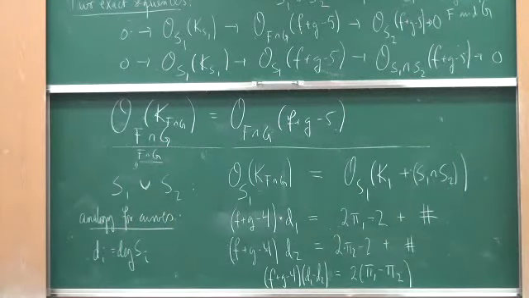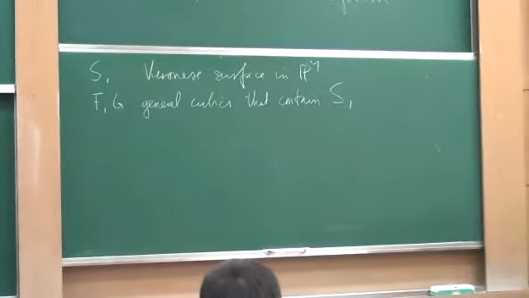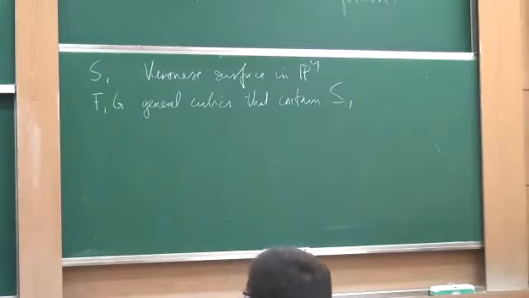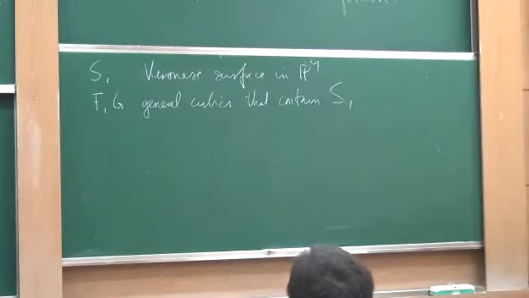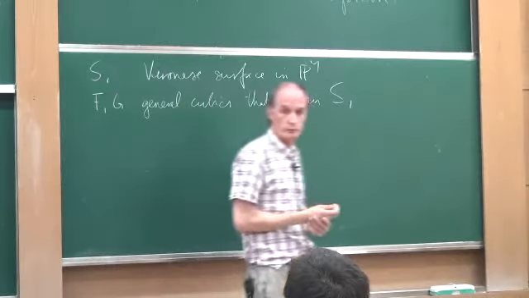So I didn't say this before, but the ideal of the Veronese surface is actually generated by cubics. So there are plenty of them, and since they are all generated, when you link here, I'll get a smooth surface for a general choice.